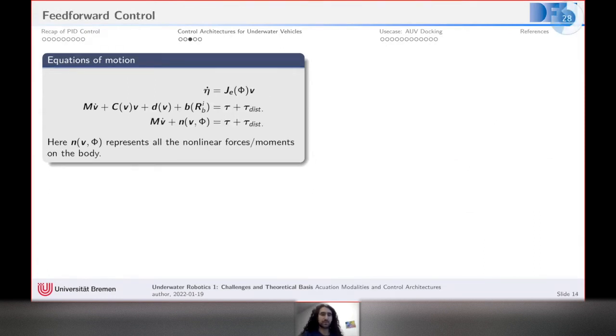So let's now take a look again at our system, and then we just lump all of these parts here. All of the forces, we just lump them into one vector n, which represents all the nonlinear forces and moments being experienced by the body.